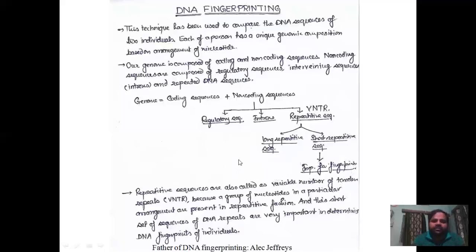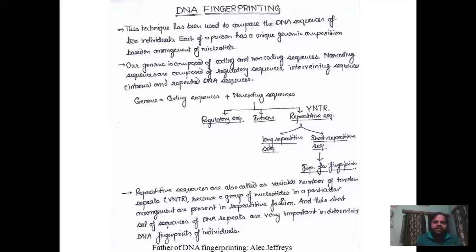Repetitive sequences are also called VNTR, or variable number of tandem repeats, since a group of nucleotides in a particular arrangement is present in a repetitive fashion. These short sets of repeated DNA sequences are very important in determining the DNA fingerprints of individuals.